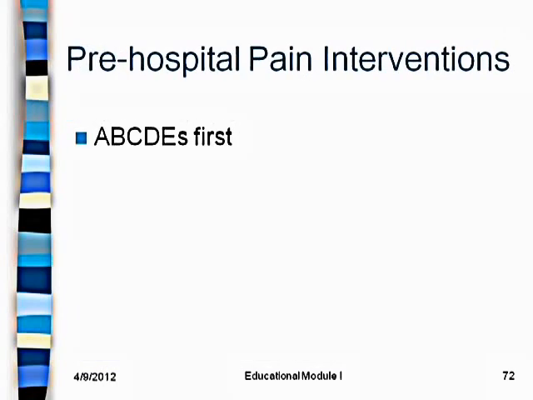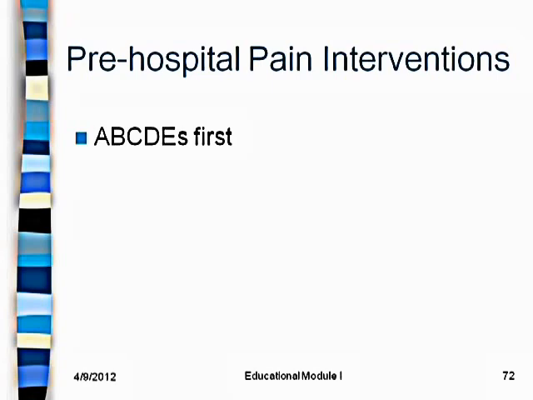Pre-hospital pain interventions. There is a priority in pre-hospital pain interventions. First and foremost being the A, B, C, D, and E's. That is airway, breathing, circulation, disability, environment, or exposure. After completing the A, B, C, D, and E's, a pain assessment is obtained to help guide you through the next steps to take.